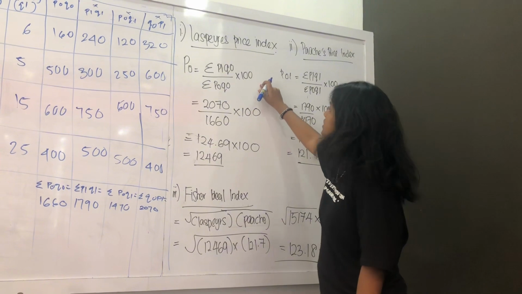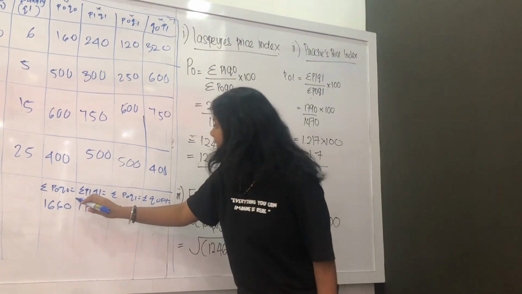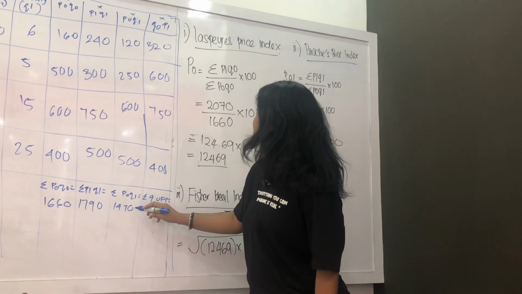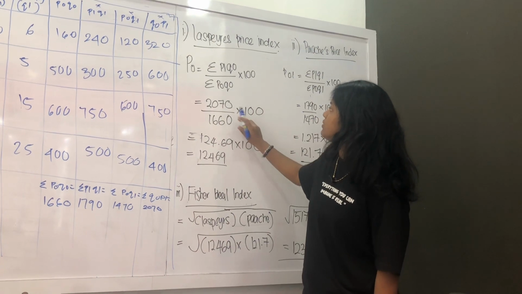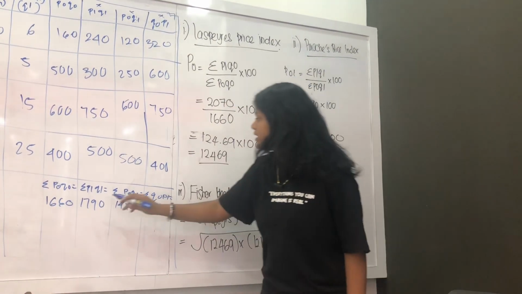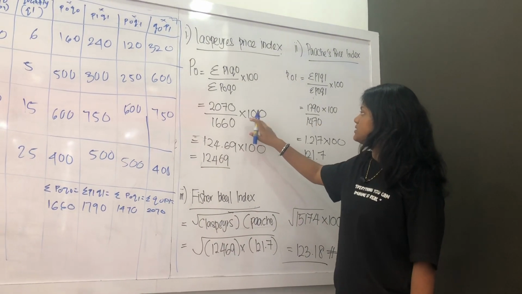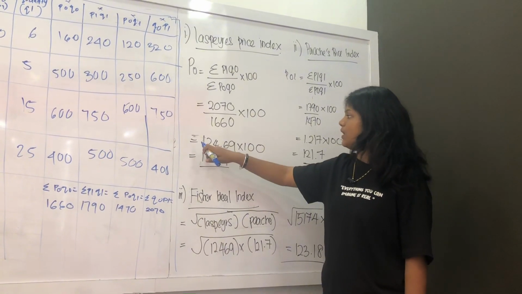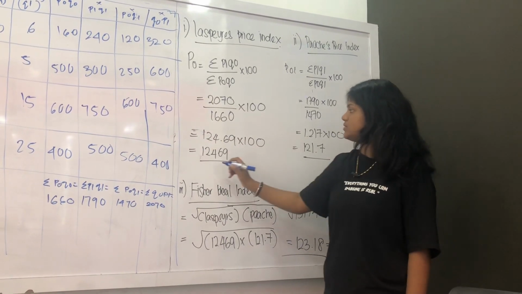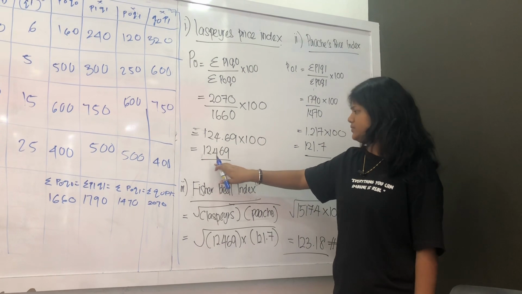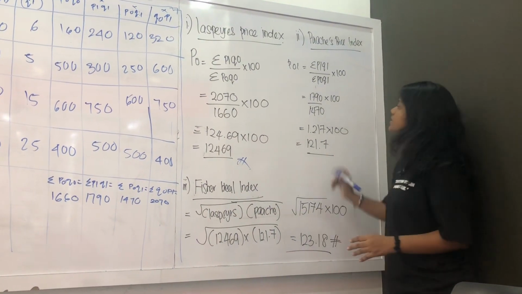So the summation of P1Q0 is 2070 over the summation of P0Q0, 1660, times 100. The answer is 1.2469 times 100. The total answer is 124.69.